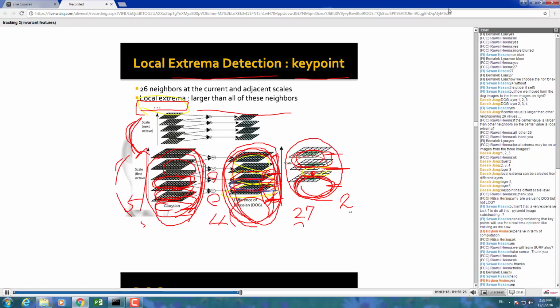Once that's done, we can make another octave. One octave means a set of images with the same physical resolution.